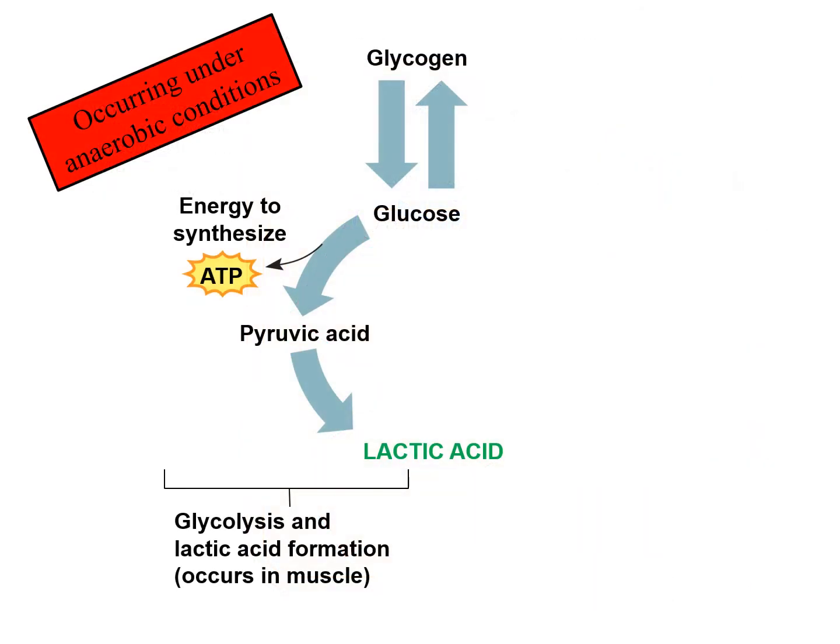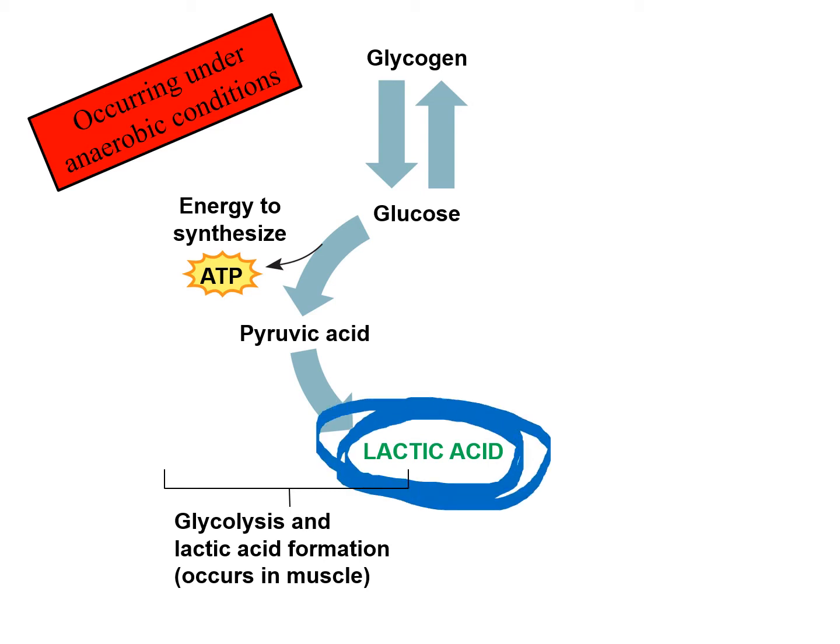So when your muscle turns anaerobic, you're not generating nearly as much energy per glucose, only 2, right? And you're building up that lactic acid in the bloodstream. And eventually that lactic acid contributes to muscle cramps and so forth.